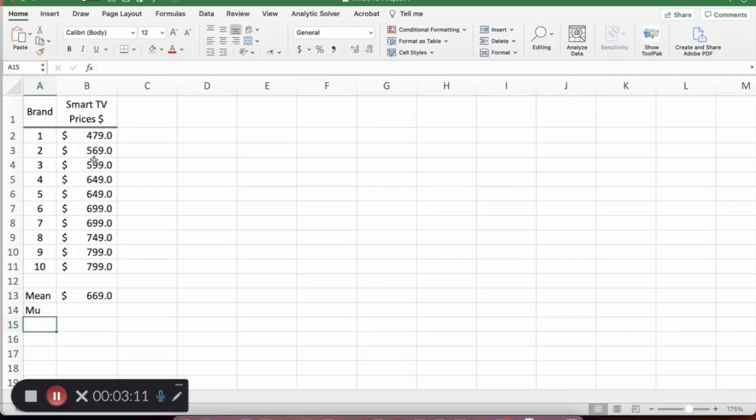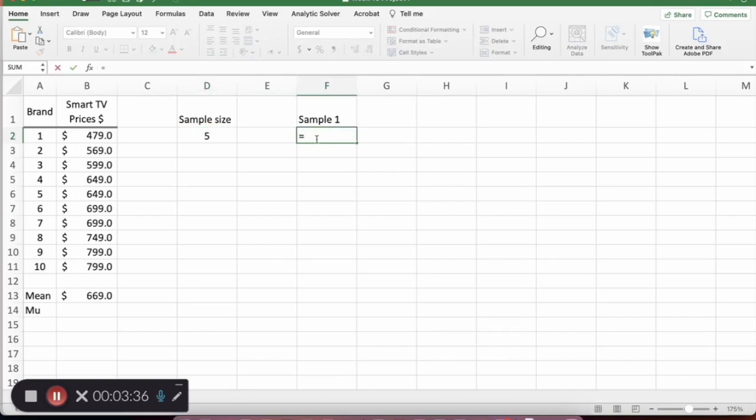Suppose again this is my population. If someone is willing to take a sample, let's create this function to take a random sample of 5. So I'm going to have sample size 5.